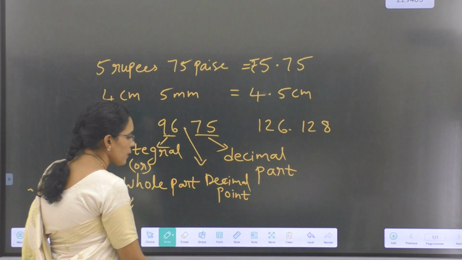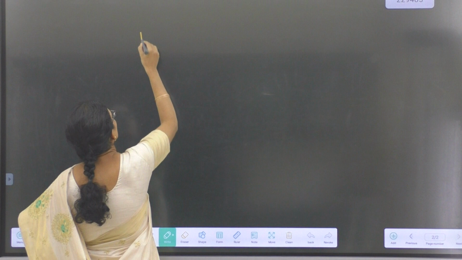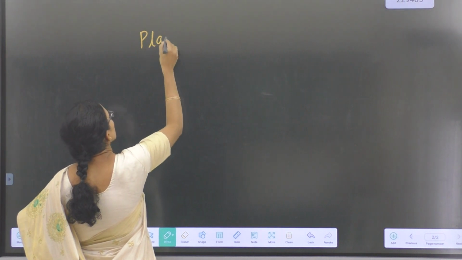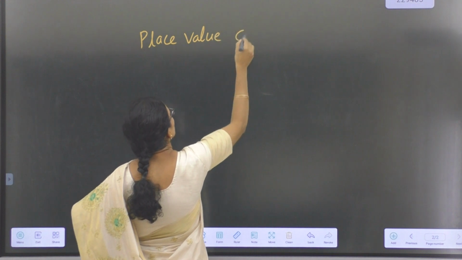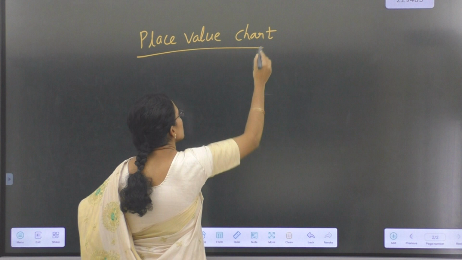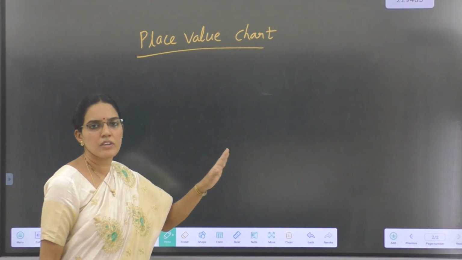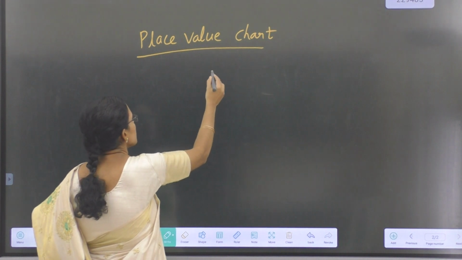Decimal place value chart. Decimal numbers extend the place value chart toward the right side. We know the places. What are the places?